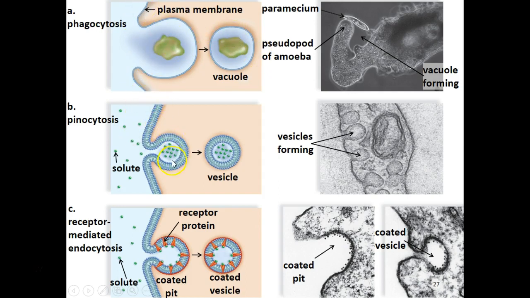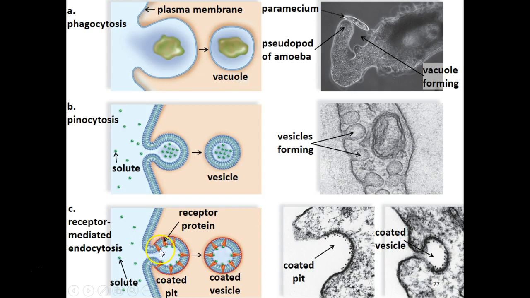Here's pinocytosis, where we're taking in small droplets, and then receptor-mediated endocytosis, where we have protein receptors embedded in the plasma membrane, and molecules, in this case cholesterol molecules, bind.